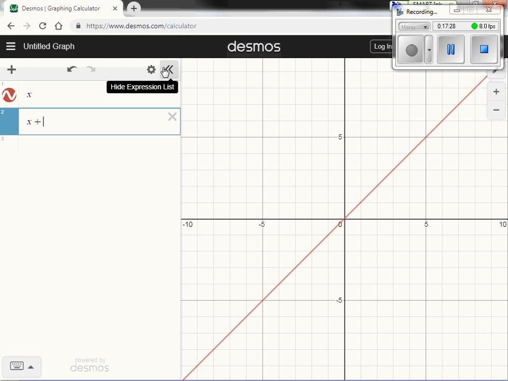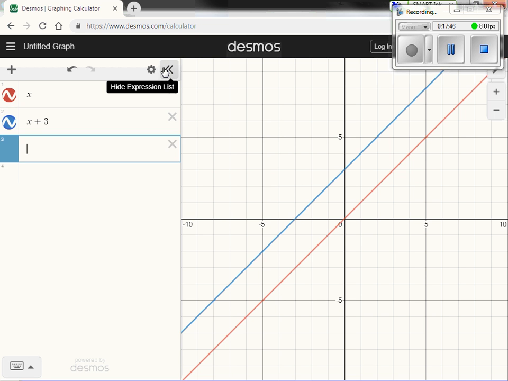So how far do we want to move this one up? 3. So x plus 3, our value of k here is 3. And if you notice, it moved it up 3 spots across the entire function. Now, we could do x minus 3 and see how it moves it down 3.